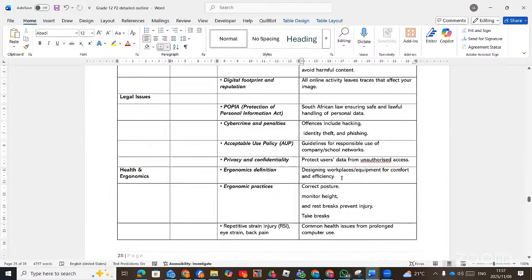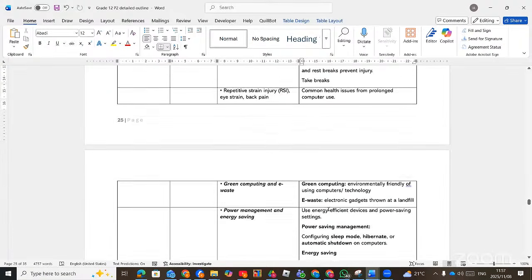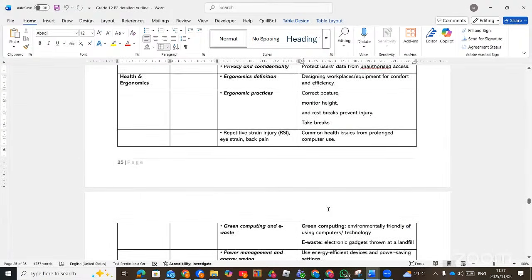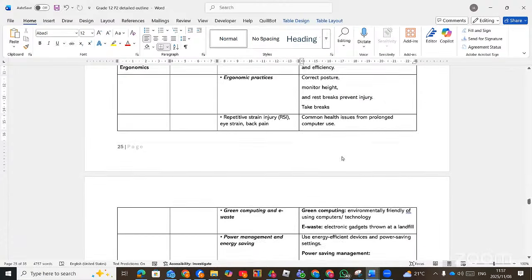You must know the definition and ergonomic practices like correct postures, monitor height, and rest breaks to prevent injury. Repetitive strain injury is a common health issue from prolonged use of computers.